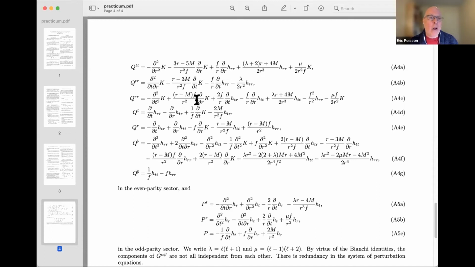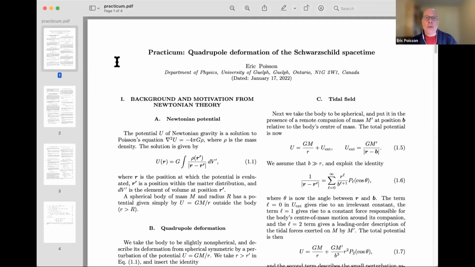So I provide all of that for you, and then I provide you with guidance on how to solve the field equations to describe that deformation of a black hole under a tidal field. And before I task you with doing all of this, I give you some background knowledge, some background motivation from Newtonian theory that will identify the task and identify the goals of the practical exercise.